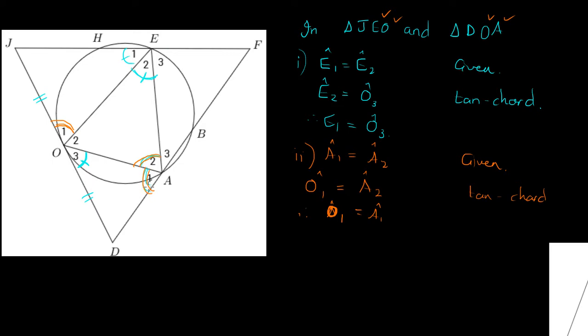So now the third angle, angle J, will just equal angle D, because it's the third angle of a triangle. If two of the angles are equal, the third one is found by subtracting the other two from 180. So if I'm subtracting the same values, I'll get the same answer.